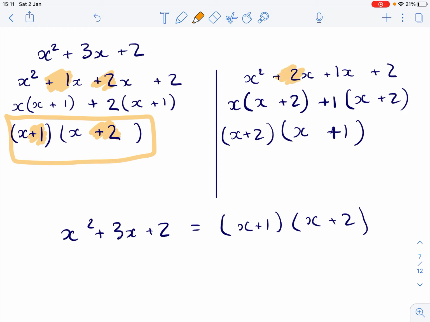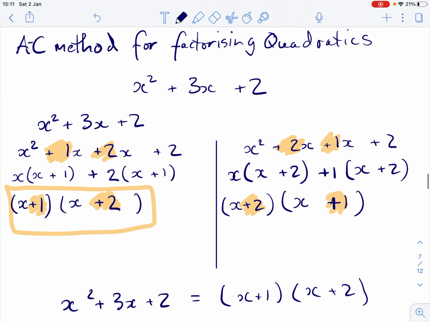So it's no coincidence that this happens, but this will not necessarily be the case with harder examples. So it's dangerous to think that this is a common pattern. But if you wanted to jump straight in and you notice two numbers which multiply to this number and sum to this middle one, you can just put it straight into brackets if the value in front of x squared is 1.